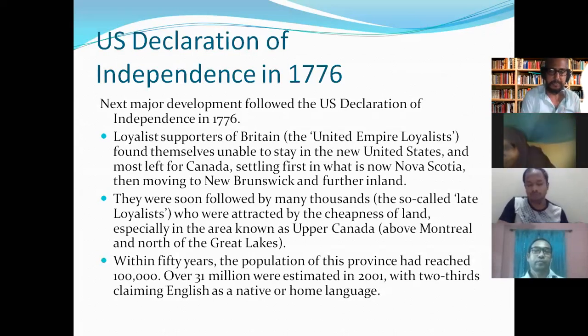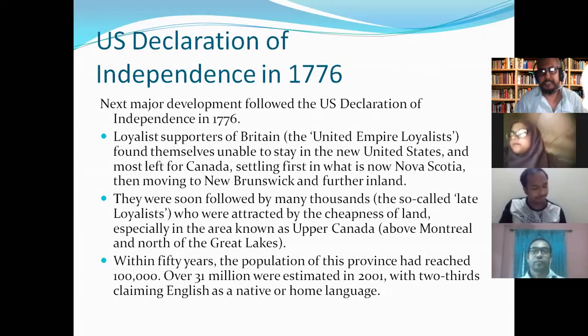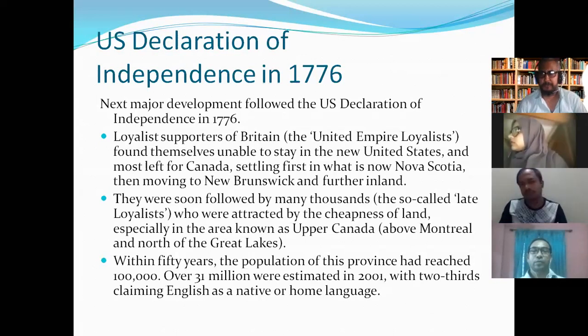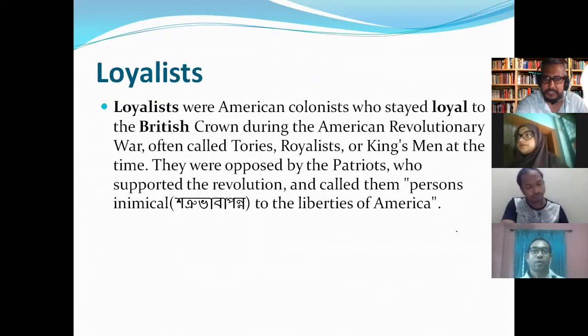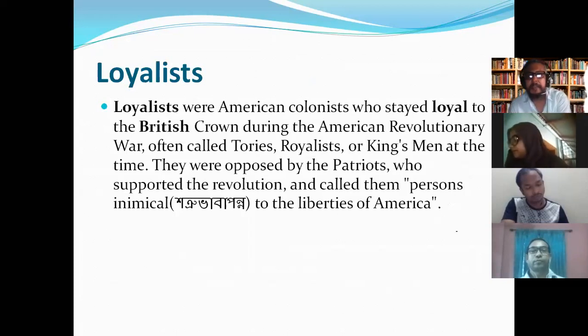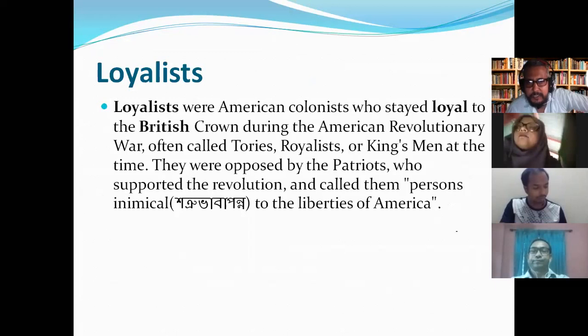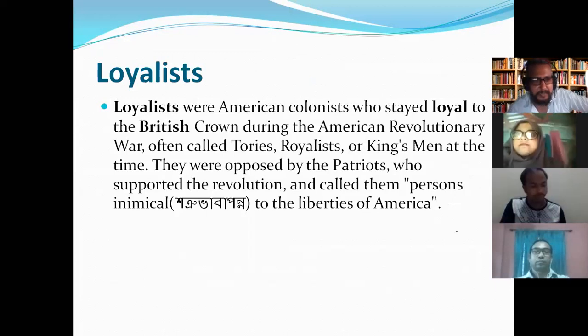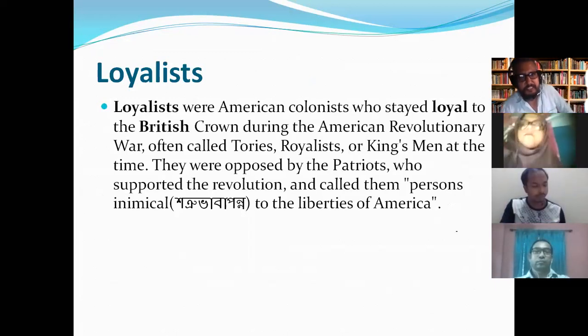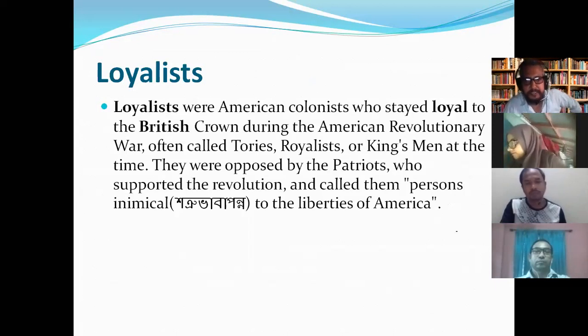When America declared independence in 1777, the loyalists said that they were uncomfortable living in America. Loyalists are the American colonists who stayed loyal to the British crown during the American Revolutionary War, often called Tories, royalists, or the King's men at the time. They were opposed by the patriots who supported the revolution and called them persons inimical to the liberties of America.